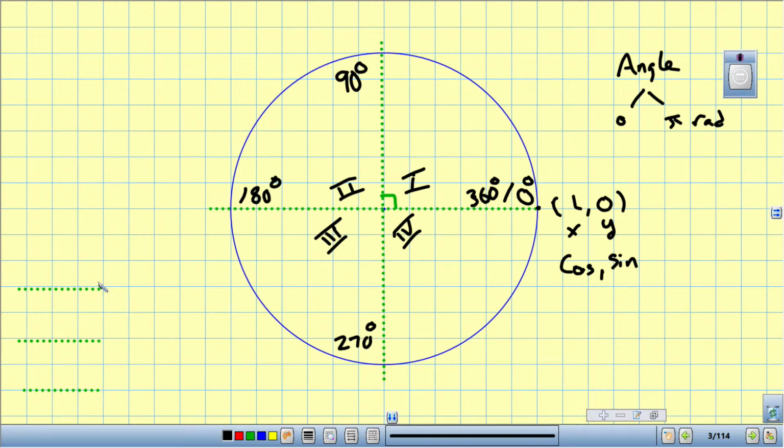So take a look at your notebook. You should see something like this: half a circle, because you go from 0, the top of the unit circle, or the top half of the circle, we call this a pi. So from 0 all the way to 180, it's a pi.